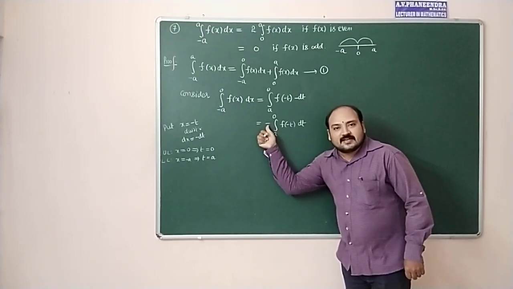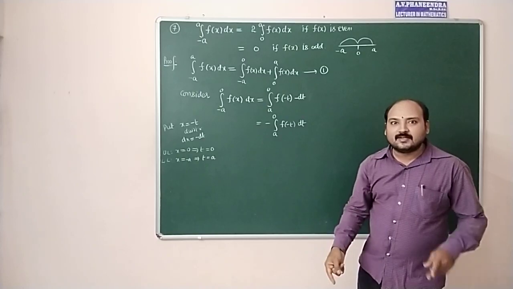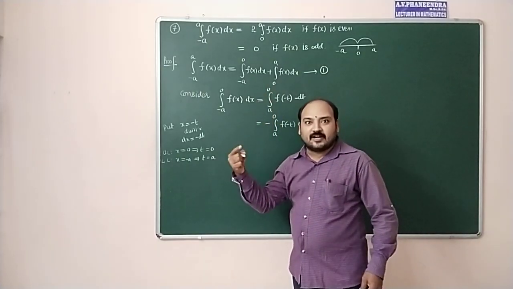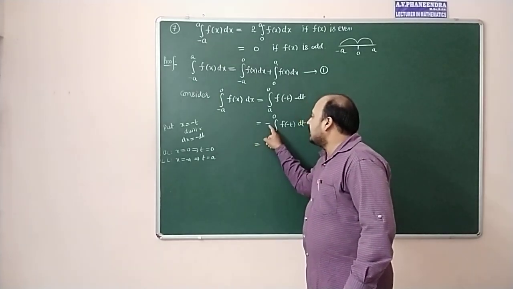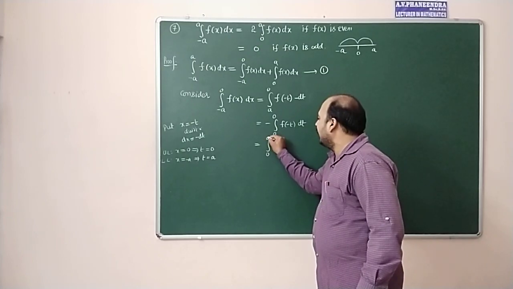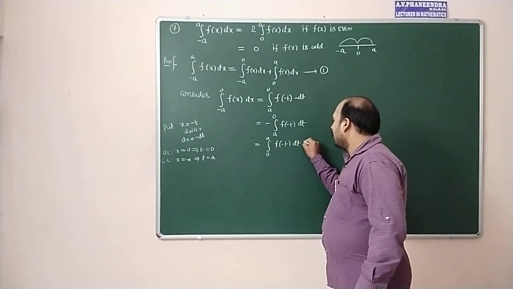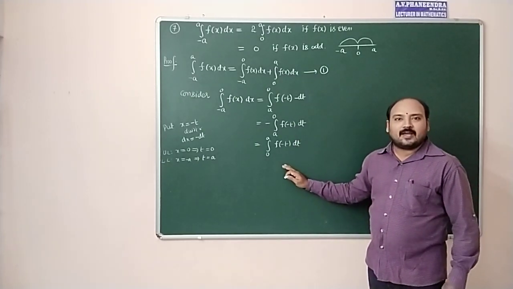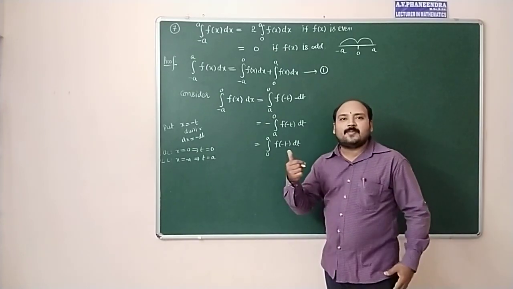If you remove the minus here, the limits will interchange. The sign change property, second or third property of definite integrals, we discussed in the session. So now I am removing the minus here, so the limits will interchange. So the integral from 0 to a of f(-t) dt. After getting this step, again by the variable change property, wherever t is there, you have to replace it with x.